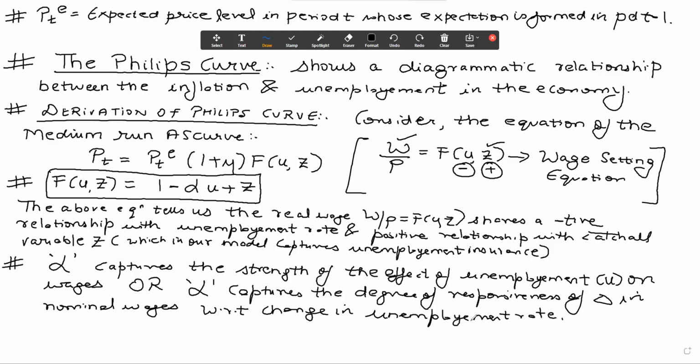So how responsive nominal wages are to the unemployment rate in the economy is captured by the term alpha.